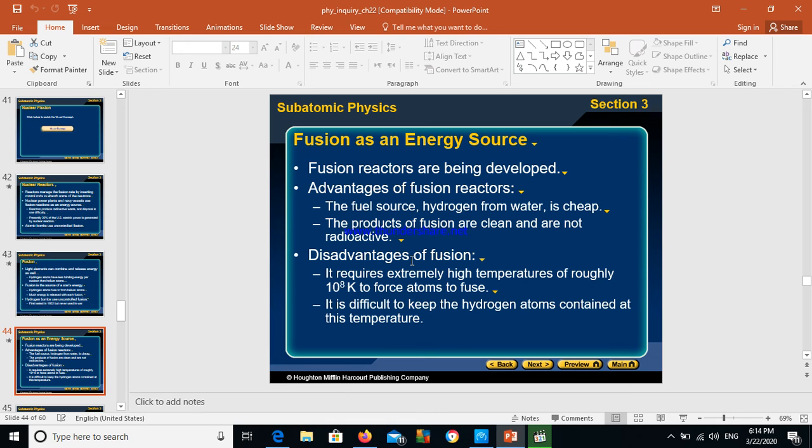Disadvantage of fusion: it requires an extremely high temperature of roughly 10^8 Kelvin to force atoms to fuse. It is difficult to keep the hydrogen atoms contained at this temperature.